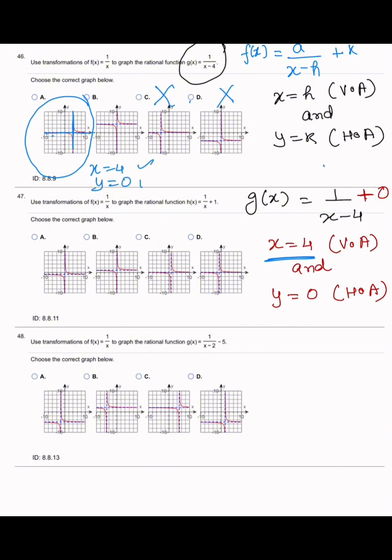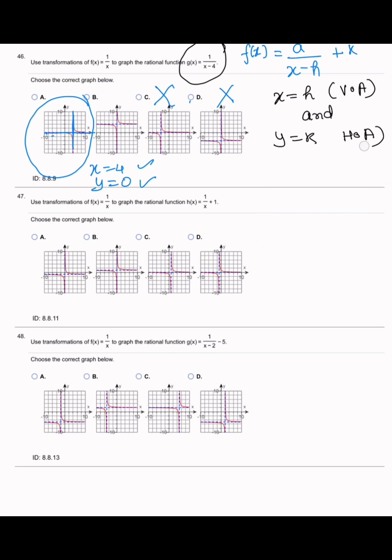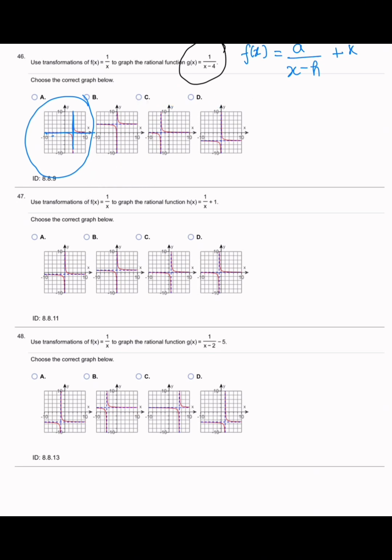It is on the right side. And the horizontal line is at y equals 0. So this is our answer. A is our answer. So you can see that you don't really need to graph the equation here. All you need to do is very cleverly find your asymptotes and make a choice here.